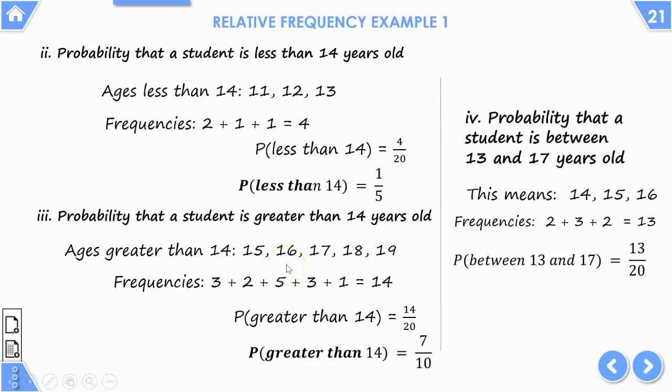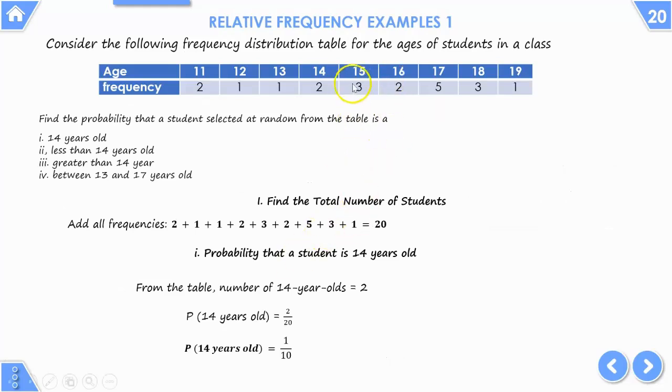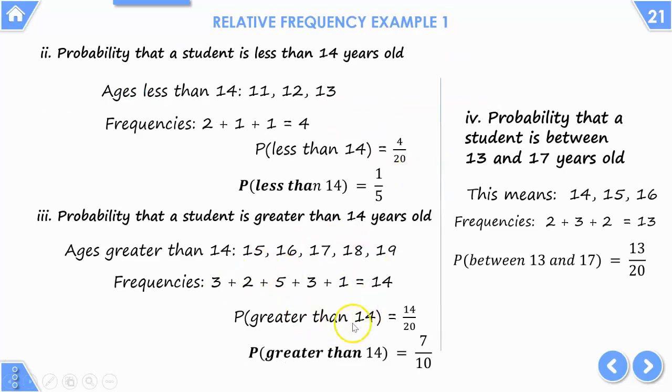Let's check that again. Okay, 3, 2, 5, 3, 1. That's right. So now we can use the relative frequency formula of the number of trials over the total number of trials or outcomes: 14 out of 20, which gives you 7 out of 10.